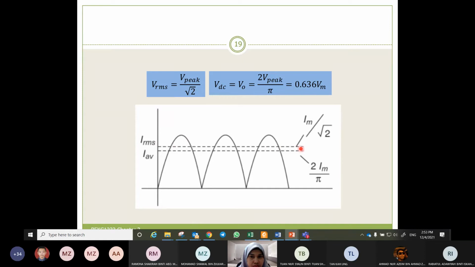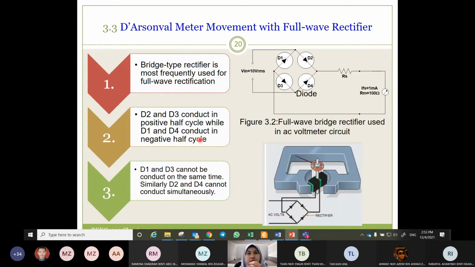It is 1 over root 2, which is about 71%. IRMS is equal to 71% of the peak value, and the average value is lower. It is 0.636 of VM or IM here.